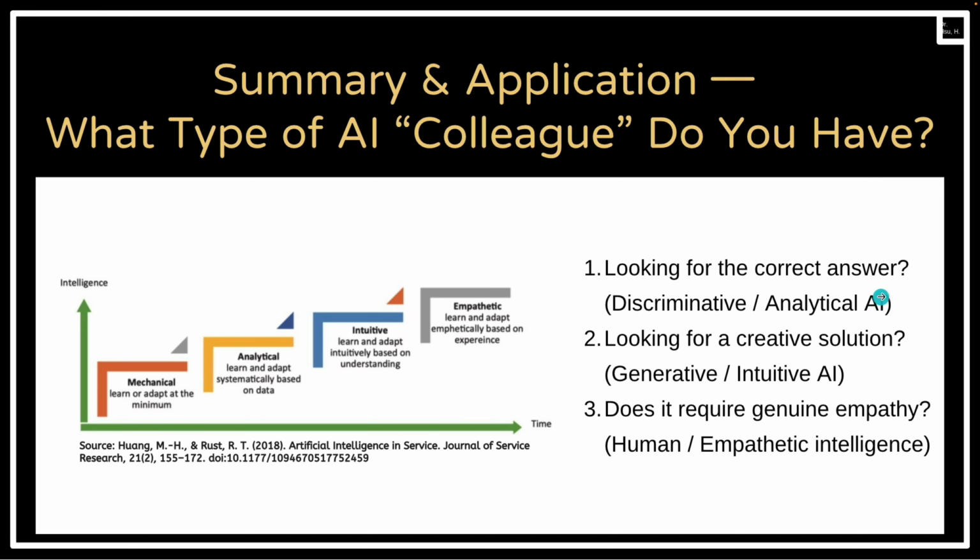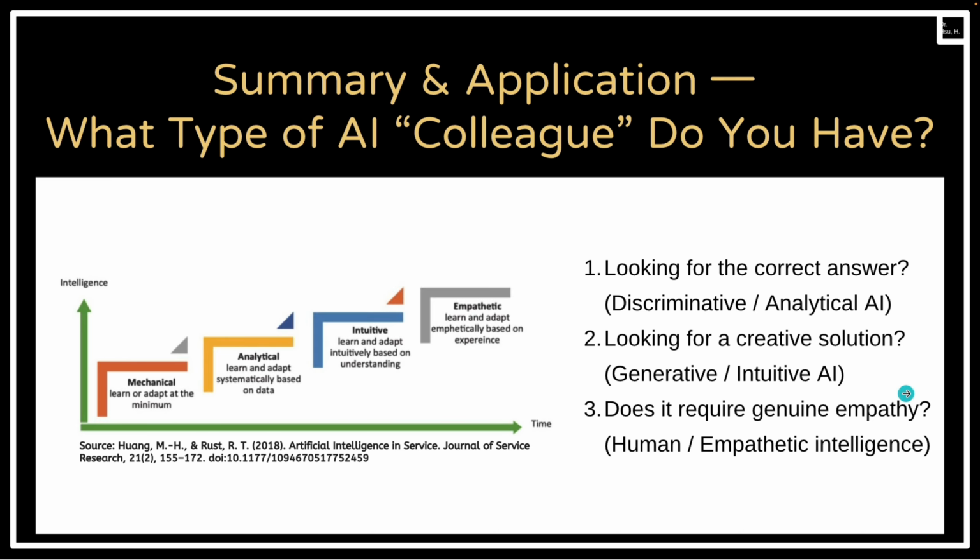If you are looking for the correct answer, then analytical or discriminative AI is usually the right colleague. If you are looking for a creative solution, then generative or intuitive AI becomes more relevant.